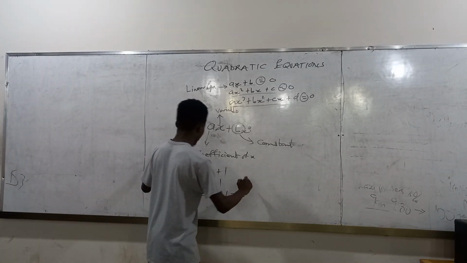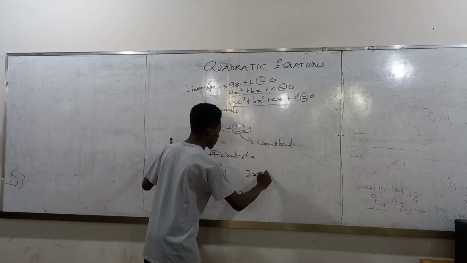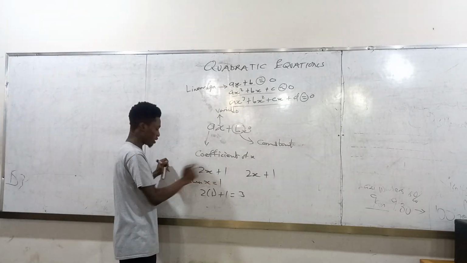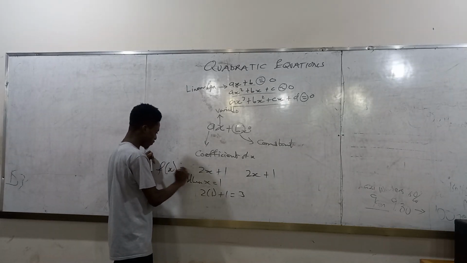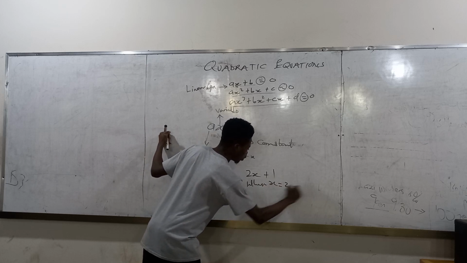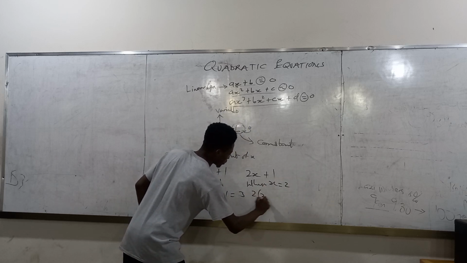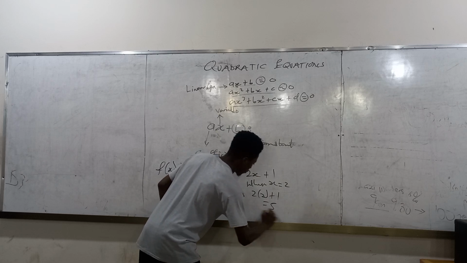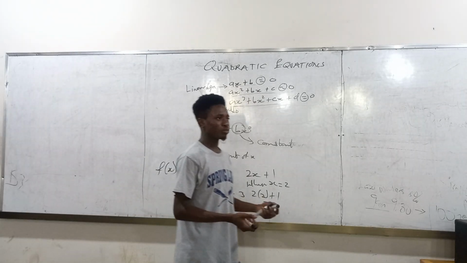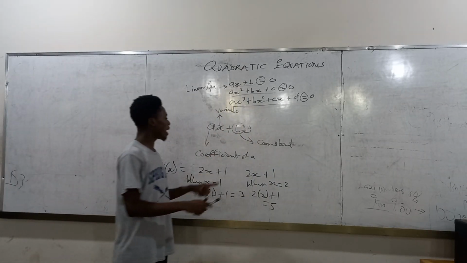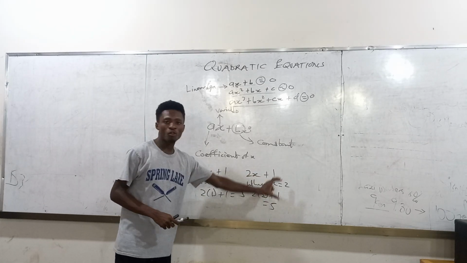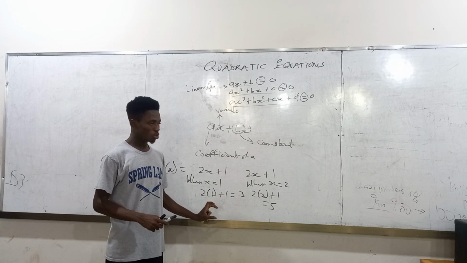But if we have 2x plus 1, the same function, let's say f of x, but this time we define x to be 2, the nature of the expression will change to what? 5. You get it? So a variable is anything that when it is defined can change the output or outcome of an expression. Please, you get it?